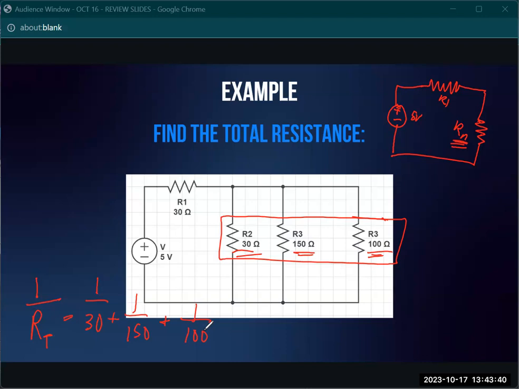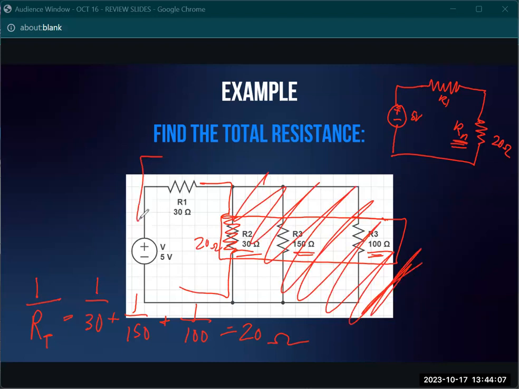Paki-cross-ref na. Okay, 20. So, since 20 ohms, alam na natin value nito. It's 20 ohms. Ayun yung total netong tatlo. And we compress them into a single resistor with a resistance of 20 ohms. So, wala na.